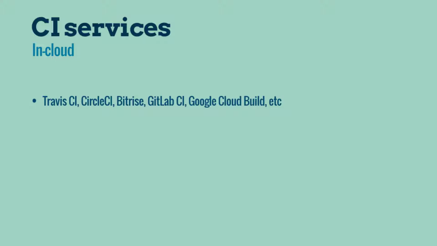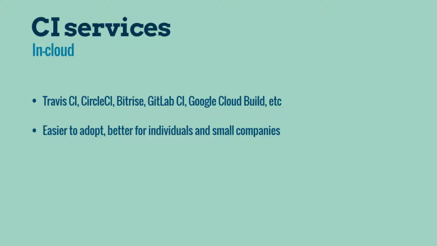The company might close down at any point, so there's some risk there. But they're way easier to adopt because, especially as an individual or a small company, you have very little to do. You don't have to care about building the hardware infrastructure or maintaining it. The systems that run the thing are somewhere else and someone else's problem. So it's very easy to set up something hosted in cloud.